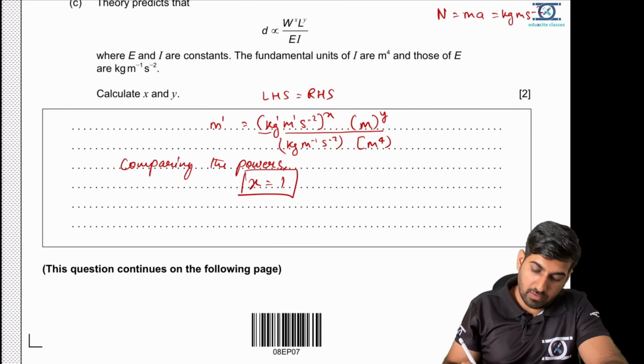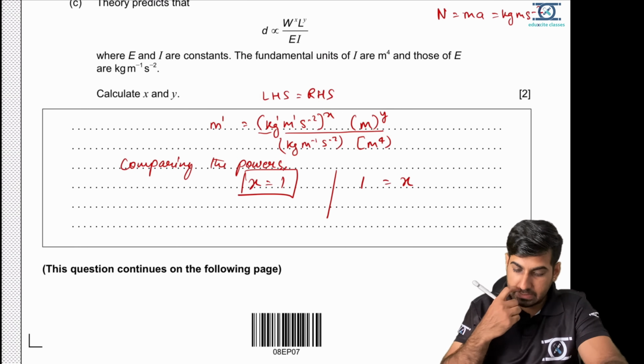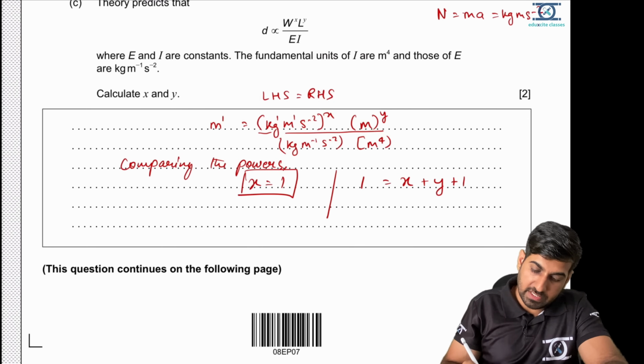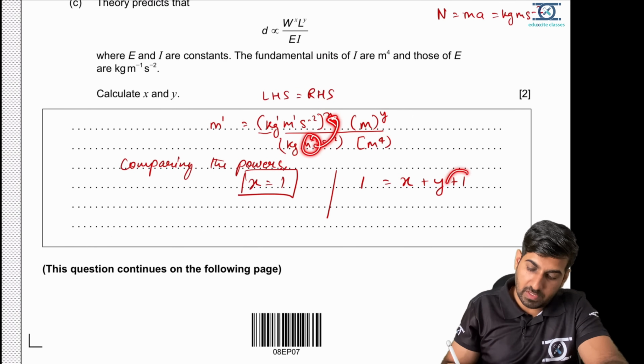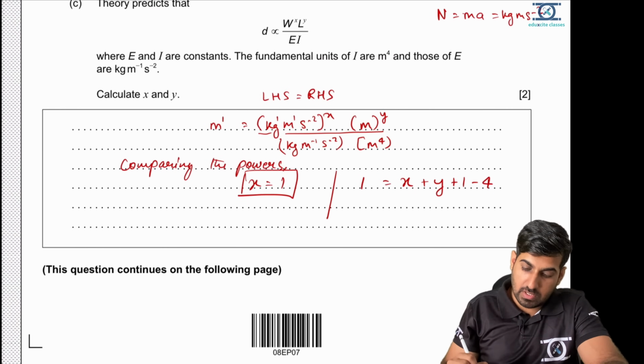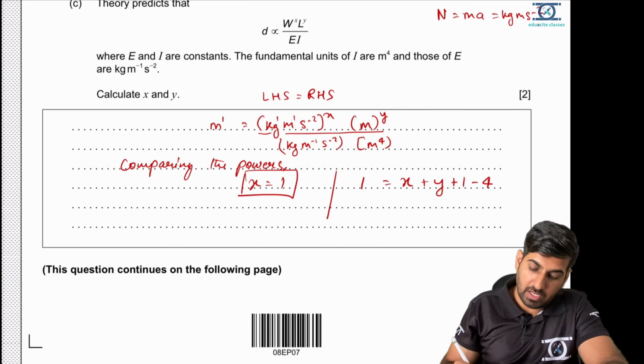Now for y, this is equal to 1 on the left hand side, so x we already got, so m raised to power 1, we are comparing the powers only: x plus y minus 1 plus 1 minus 4. The minus will go to the numerator, you will get plus 1, and this 4 will go to the numerator, you will get minus 4. Okay, so we get this expression, and now we can put x equal to 1.